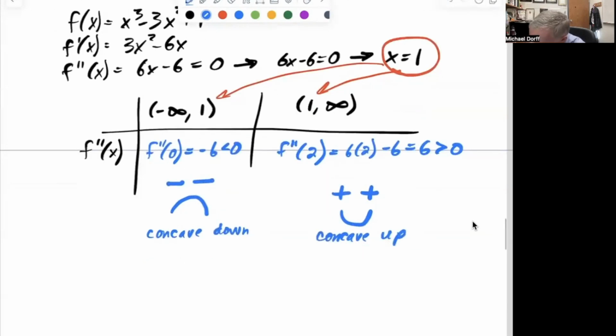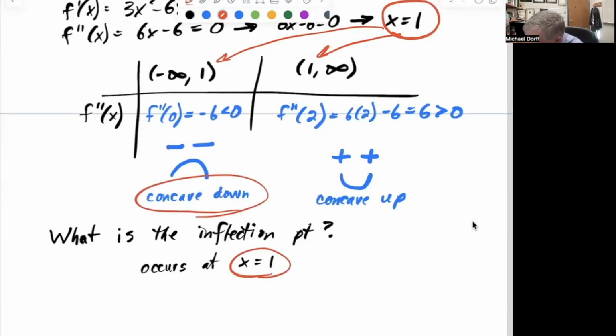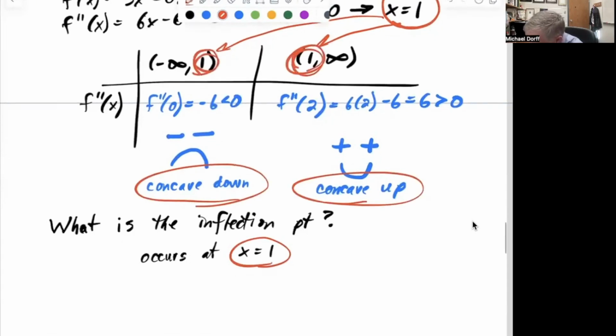And I can also ask then, is there an inflection point here? Well, it occurs when it goes from concave down to concave up, so it occurs at x equals 1. Where does that x equals 1 come from? It comes from where it changes from concave down to concave up, and that happens at 1 right there.